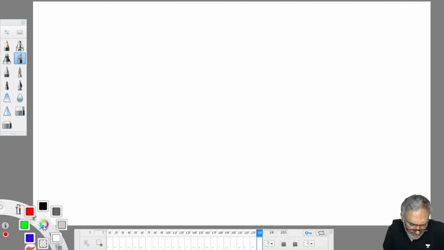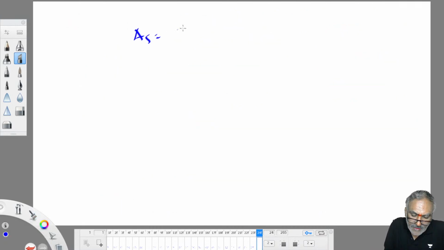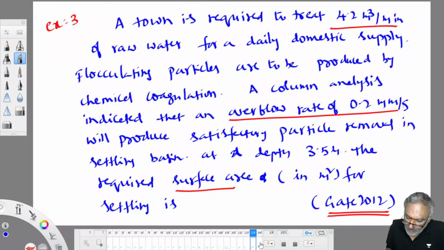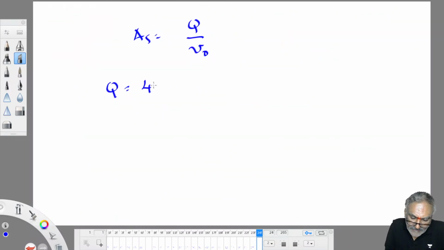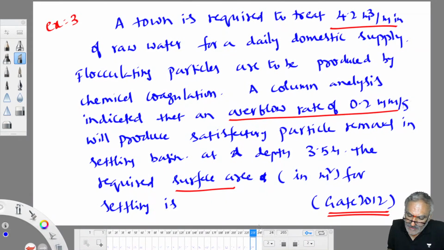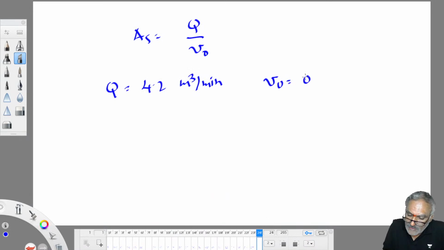So surface area is equal to Q by V naught. Q given in the question is 4.2 meter cube per minute. The surface loading rate is given as the surface overflow rate 0.2 mm per second. The surface area in meter square is asked.